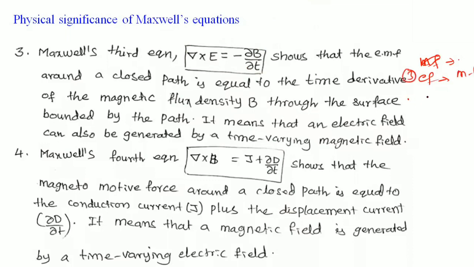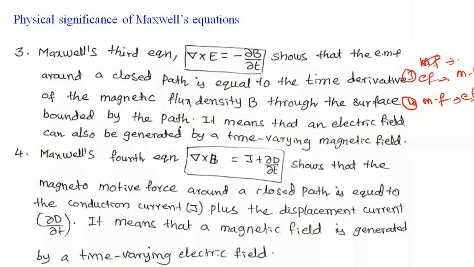So reverse, fourth equation, the electric field generates magnetic field. You see clearly, Maxwell's third equation, curl of E is equal to minus dou B by dou T. It shows that the electromotive force around a closed path is equal to the time derivative of the magnetic flux density B through the surface bounded by the path.